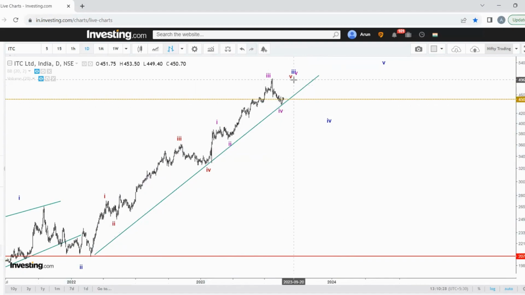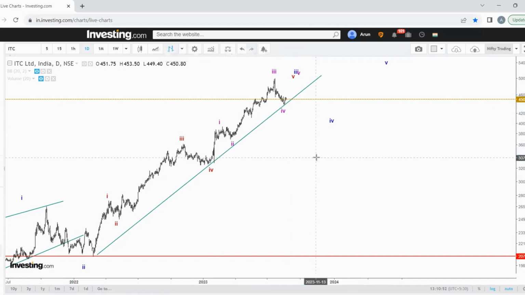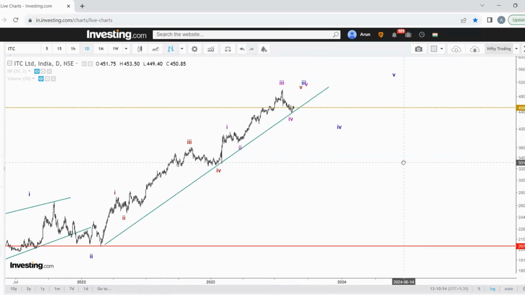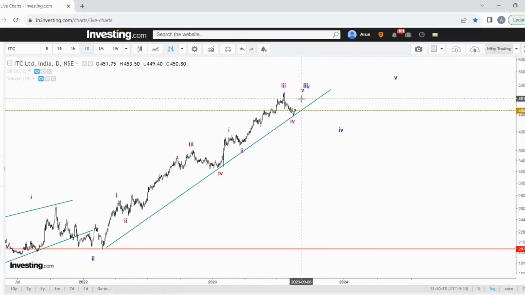Probably we may have one more leg up for completion of the third wave, and we can come down in the 4th. Okay, have it in your watch list. We may have one more leg up and come down, or if it does not cross the higher high, come down. Wave 3 has ended here.